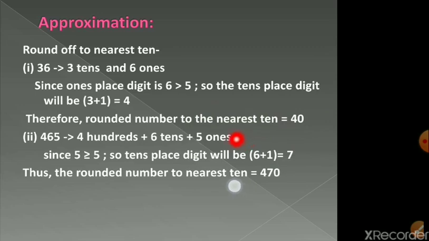Again, we are rounding off to tens place, so we will check the digit in the ones place. It is 5. Now 5, as I have said, if the number is 5 or more than 5, then the digit in the tens place will increase by 1. So the digit in the tens place was 6, it will become 7. Hence, the number after rounding off to nearest 10 will be 470.